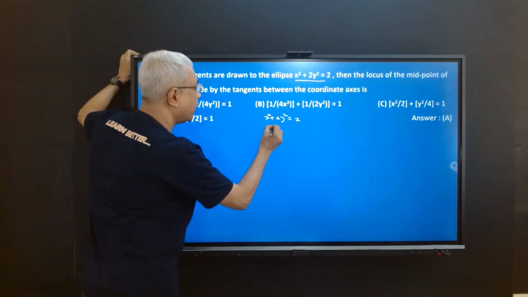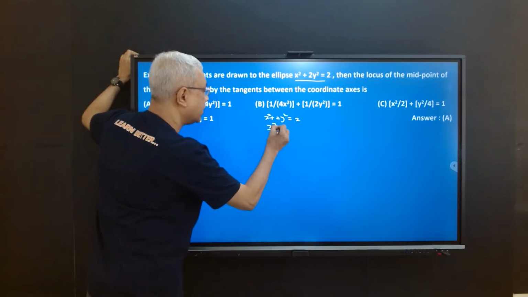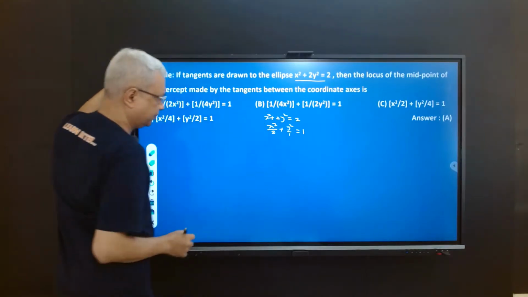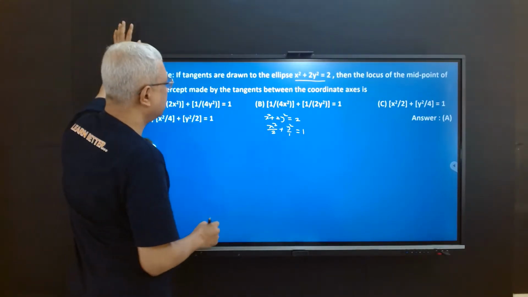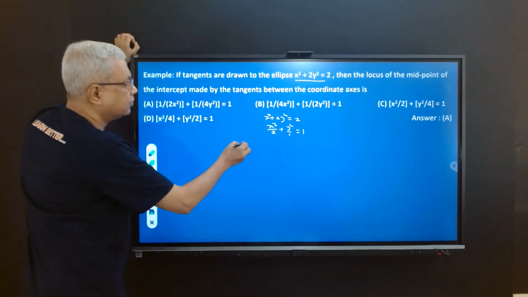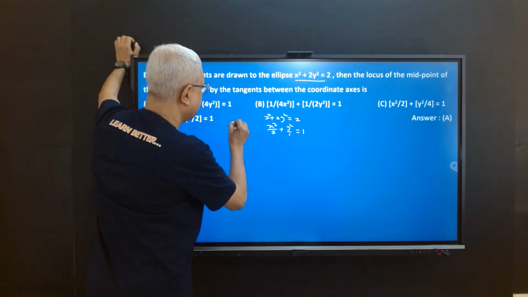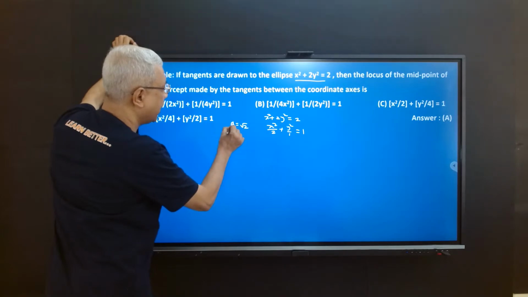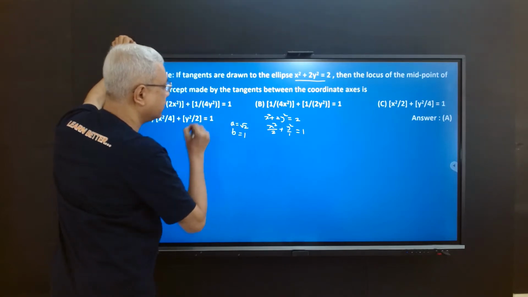So it is x square by 2 plus y square by 1 is equal to 1. Therefore, the semi-major axis of the ellipse is √2 and semi-minor axis is 1.